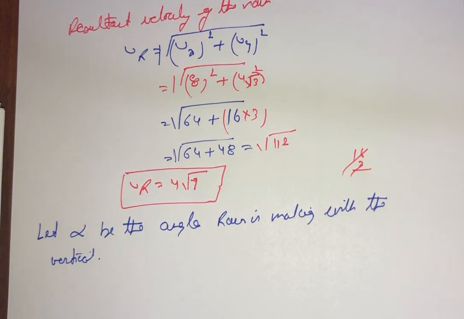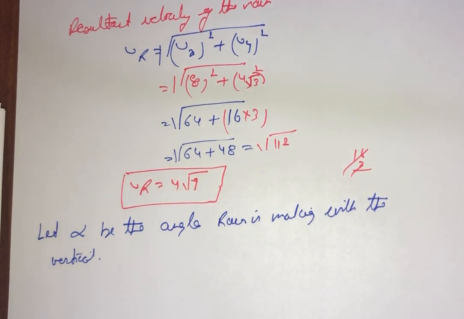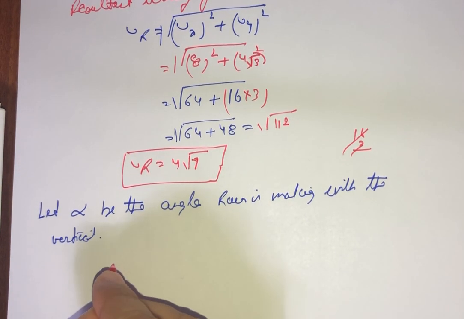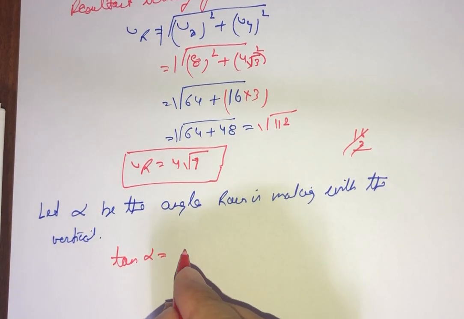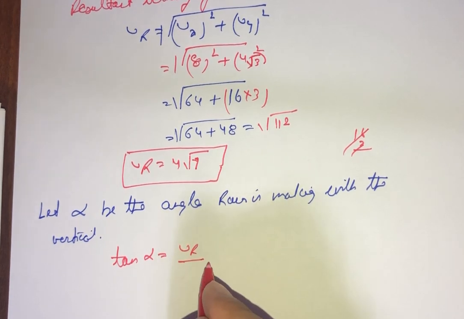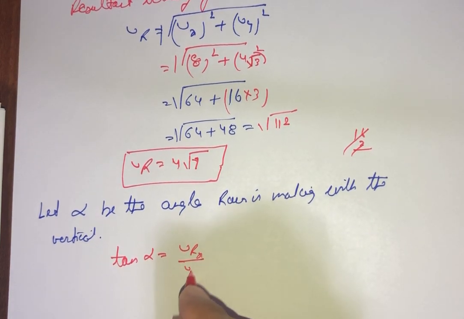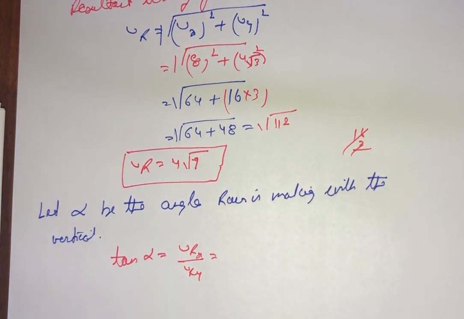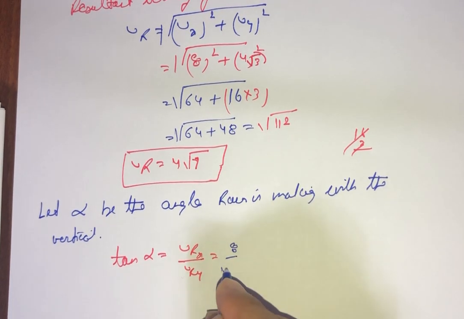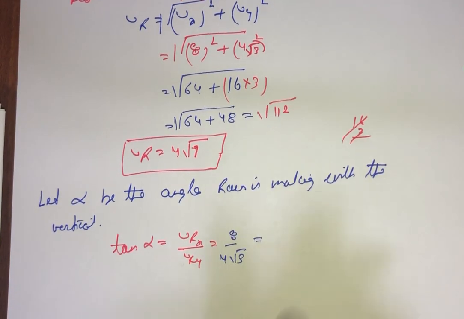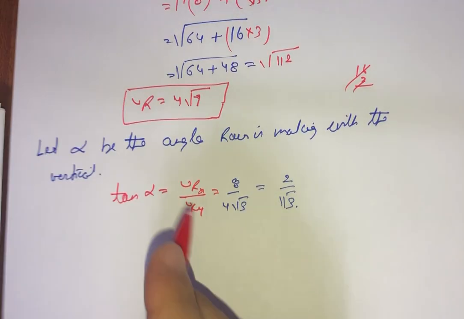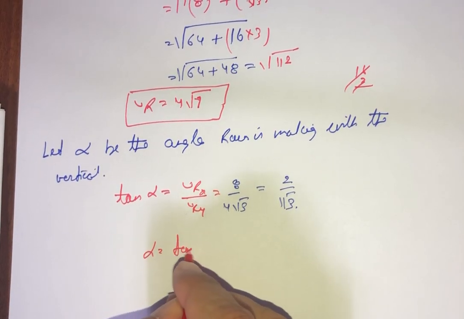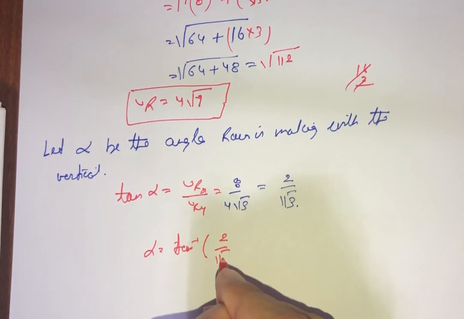So we get tangent of alpha equal to Vx divided by Vy, that is equal to 8 divided by 4 root 3, and this is equal to 2 over root 3, or we can say alpha is equal to tangent inverse of that.